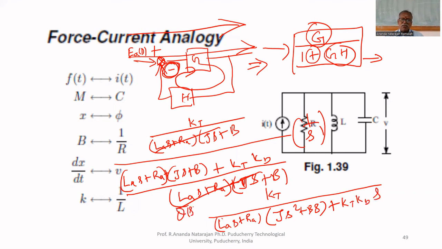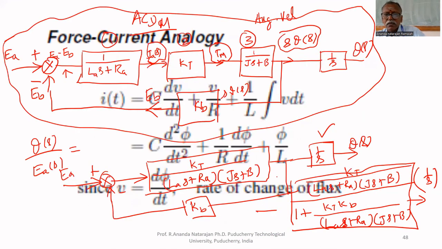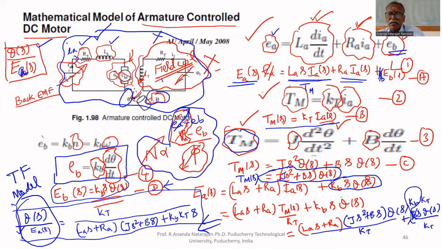This is theta of S upon EA of S. So we got the same as what we got mathematically. You see, compare with this. What we got mathematically, the same transfer function you got: KT upon LAS plus RA, JS square plus BS plus KT KBS. So theta of S upon EA of S is the transfer function.